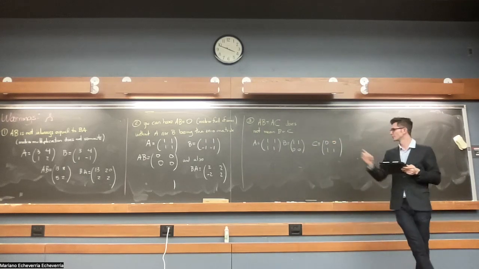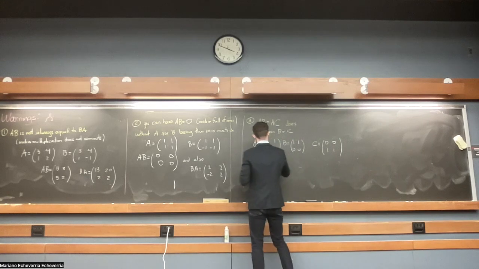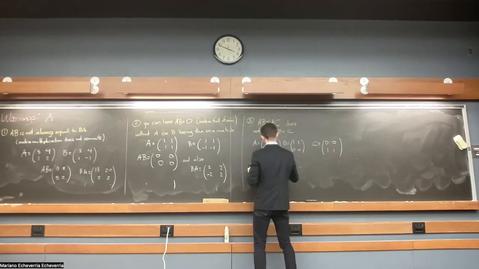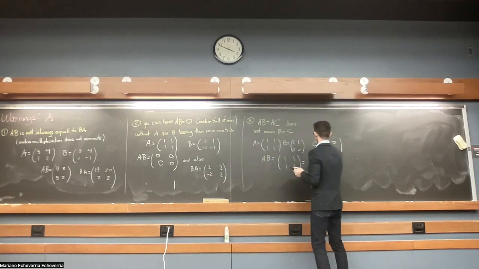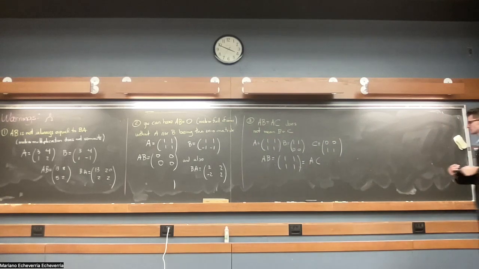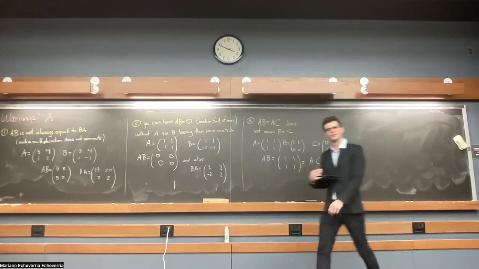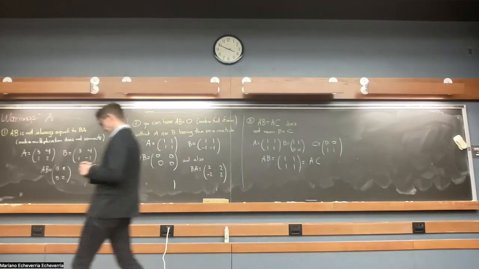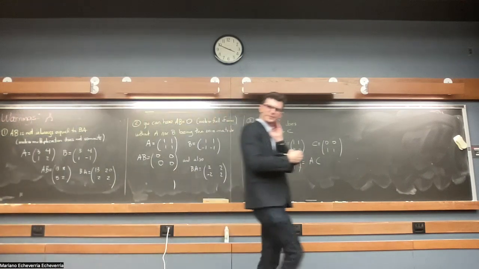Okay. You have those three matrices. You can check that AB equals 1, 1, 1, 1, but that's also going to be AC. And again, here notice that B and C are quite different.